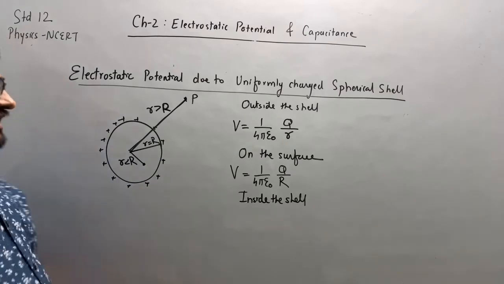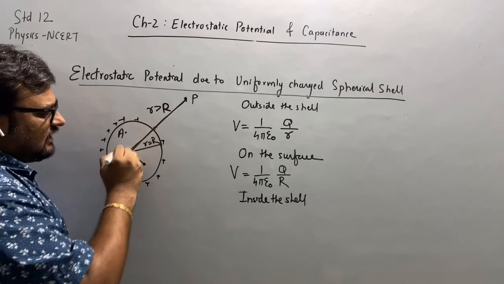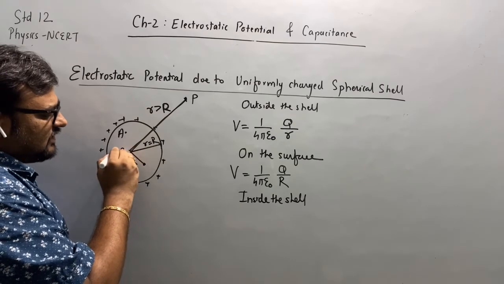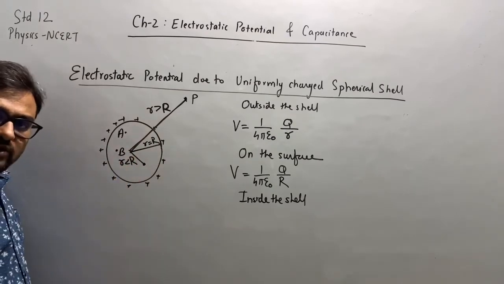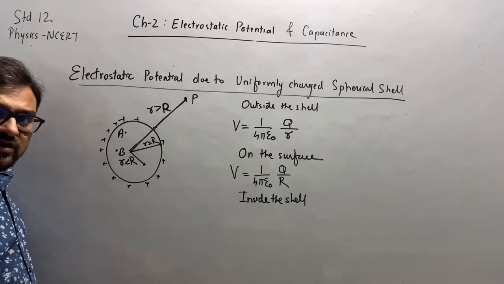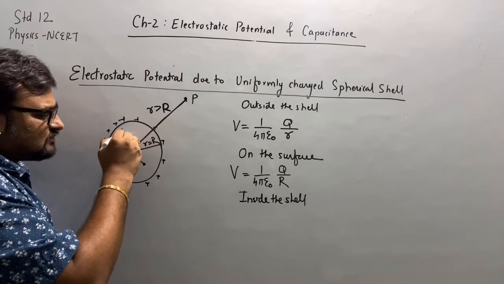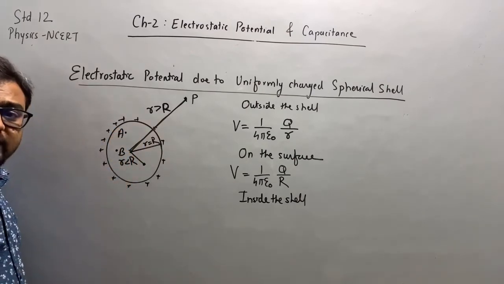Now see, at this place, let's say A, and at this place, let's say B, the electric field is 0. That means the work done in bringing a unit positive charge from this place to this place will be 0.